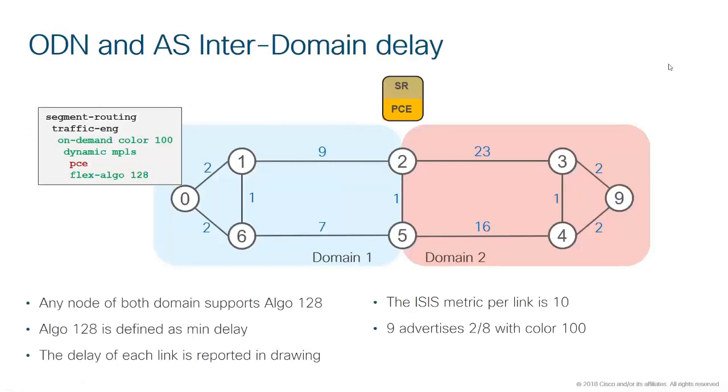Now, multi-domain. Let's assume that I have 2 domains, let's say a core here, and here an access domain. Let's assume that we do the large-scale design that we explained 2 or 3 years ago, in which there's no BGP at all.